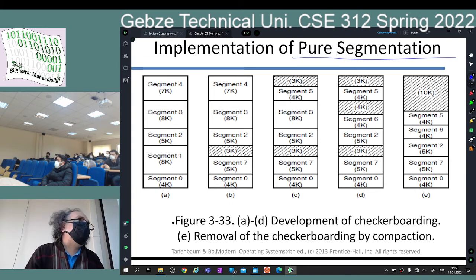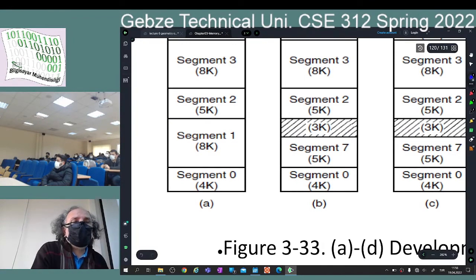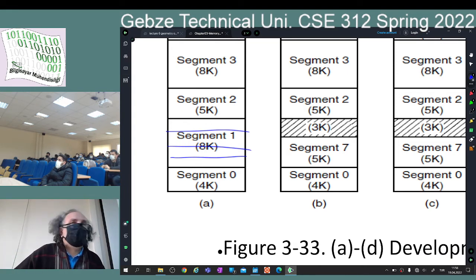Segmentation with paging. Why don't I separate these segments into virtual pages, and for each segment use the same paging idea? So I can keep my pages anywhere in my main memory. I don't have to keep these pages contiguously.